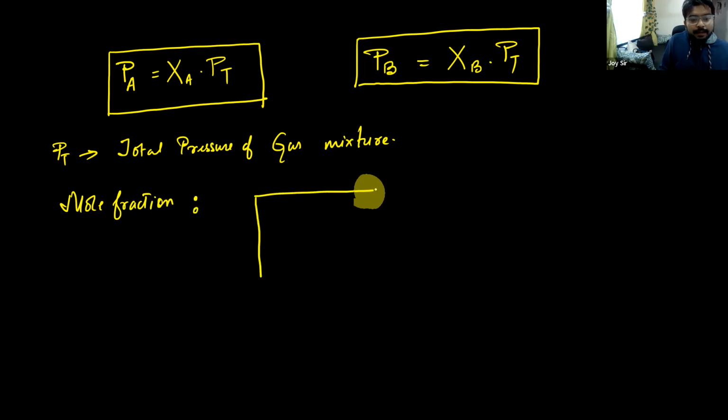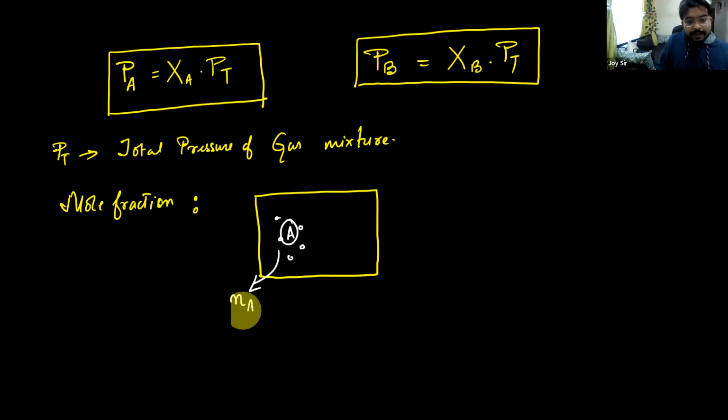Suppose again I'm drawing a chamber. There are two gases, like you know that there is gas A. Let the number of moles of A inside the chamber be Na. Na is the number of moles of gas A.